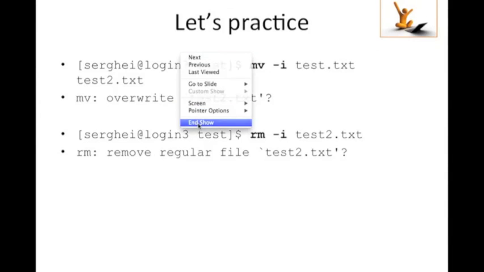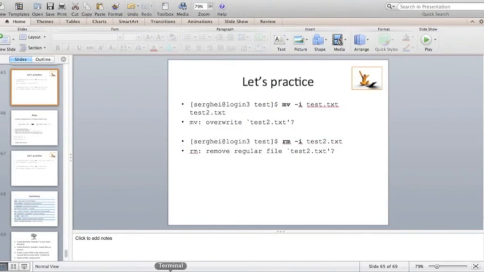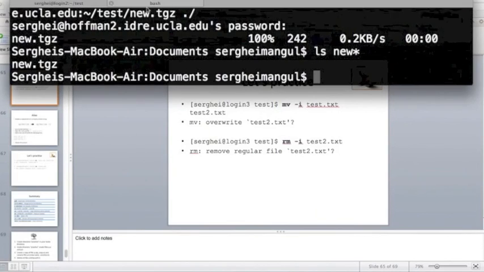Okay, so let's try it, just to see how it works. If you use -i and there isn't a file already named test2, will it not ask you? No, if you use -i, you will be asked. If you're not using -i, you will not be asked. But it says overwrite, so what if there's nothing to overwrite?